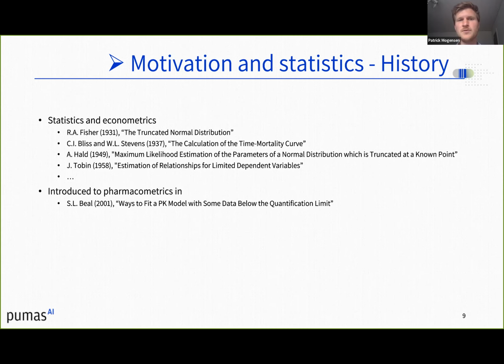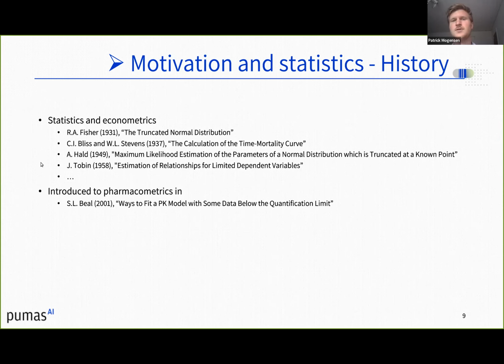But there have been many different treatments of it. Tobin, a bit later, had a continuous measurement, like our concentration curves, for example, and then a probability of actually observing the value or not. So that's the censoring case.